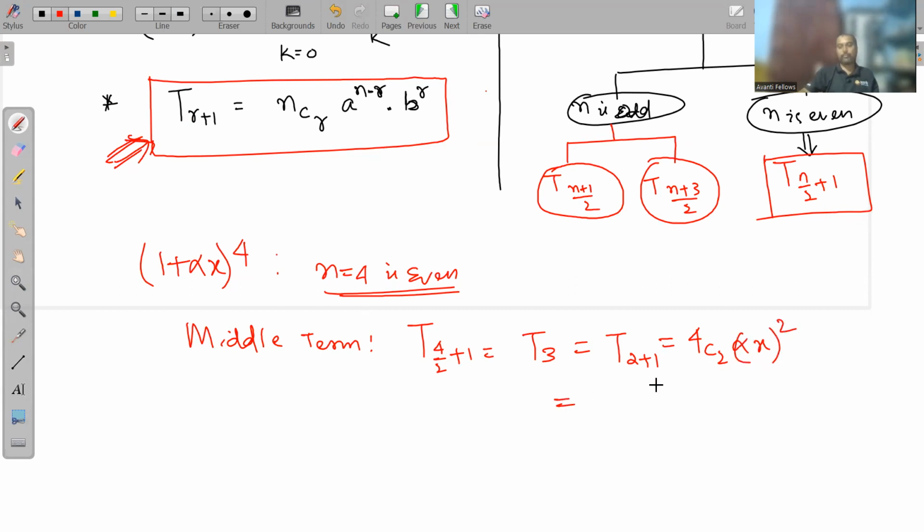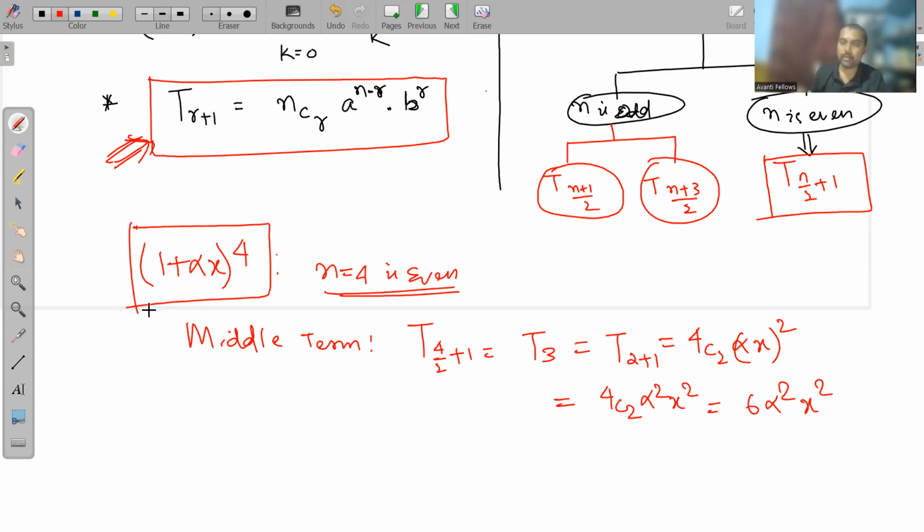So we get 4C2 alpha square x square, and 4C2 is 6, so 6 alpha square x square. Okay, so this is the middle term of the expansion of (1 plus alpha x) to the power 4.